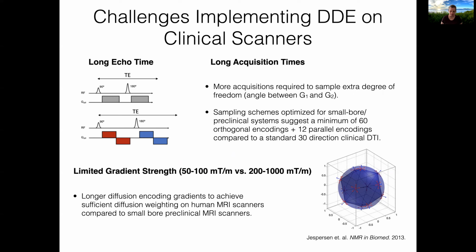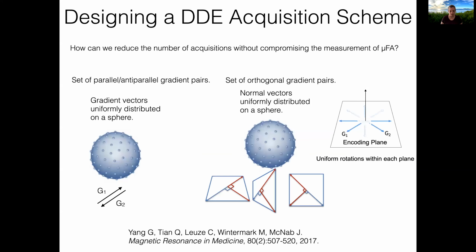And to start, we'll look at how to reduce the sampling schemes required. This was something that a graduate student in my lab looked at. How can we reduce the number of acquisitions without compromising the measurement of microscopic fractional anisotropy?